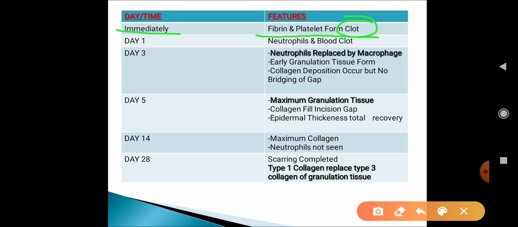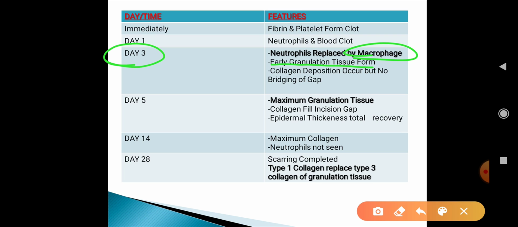So immediately the clot will form to stop the bleeding. In day 1, up to 24 hours, there will be maximum number of neutrophils. So along with the clot, you can see the neutrophils, right? Day 3, the neutrophils start getting replaced by chronic inflammatory cells, that is macrophages, and the granulation tissue will start forming. It is not maximum, but it will start forming.